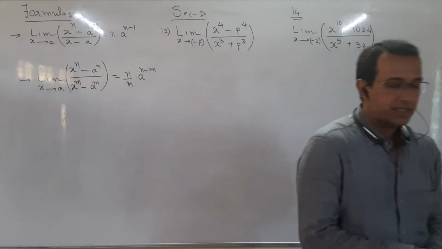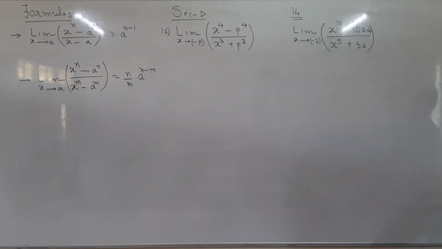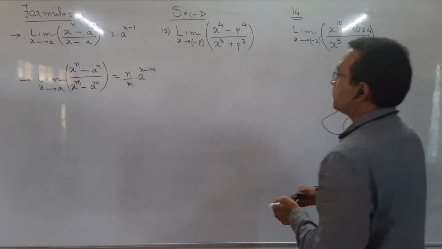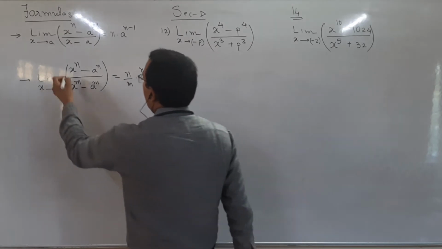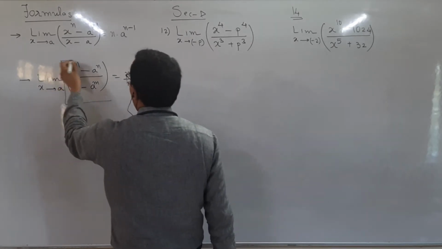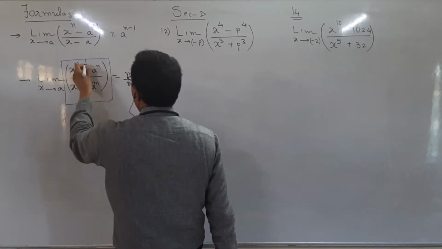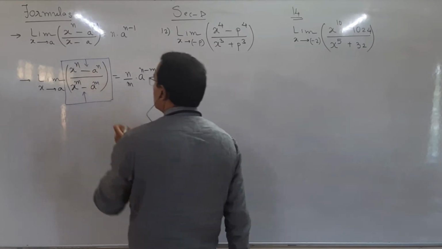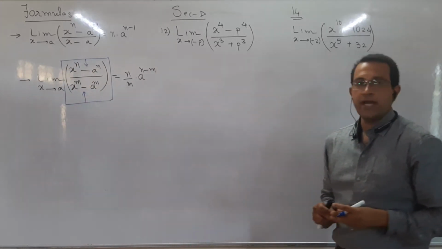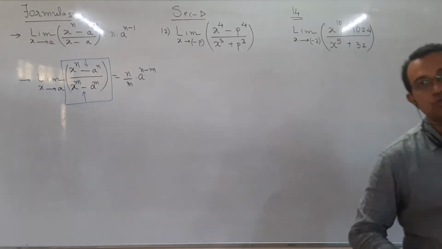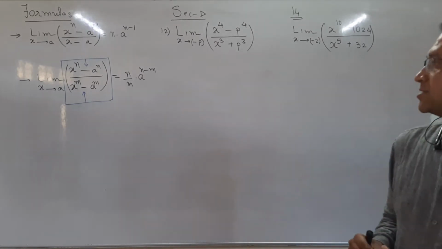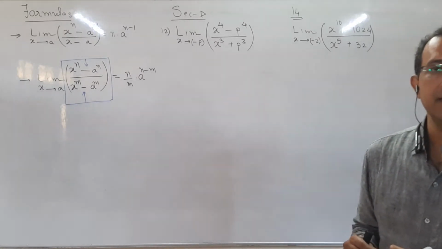Now all of you please concentrate and try to understand the logic of this. I am going to apply this formula, and to apply this formula we should always have a negative sign between x raised to n and a raised to n and x raised to m and a raised to m.